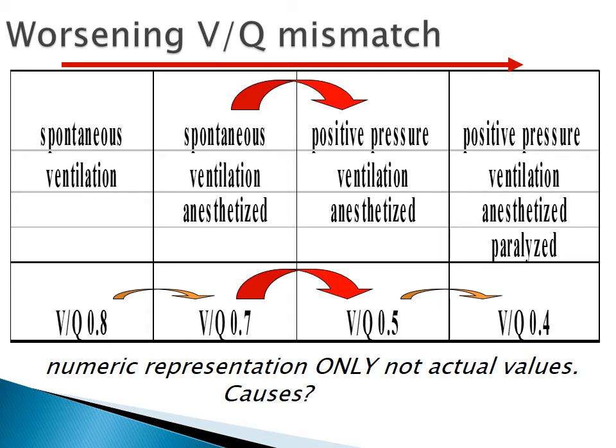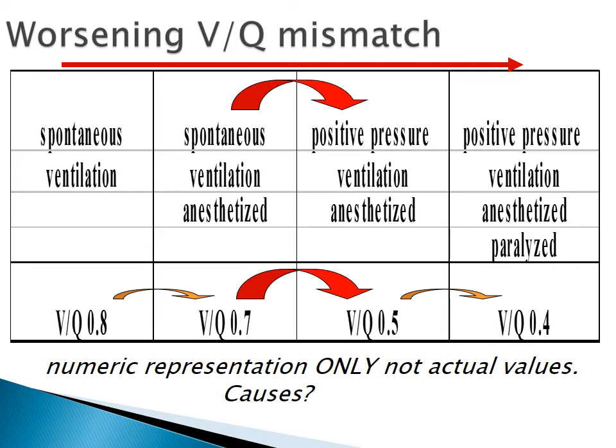Now, positive pressure. Now we have switched them onto the ventilator. Now they have a breathing tube in. Positive pressure ventilation, anesthetized. This is a patient who has a breathing tube in, who now we're giving pressure support to, at the end of the case, breathing on their own, but we're giving them positive pressure ventilation.